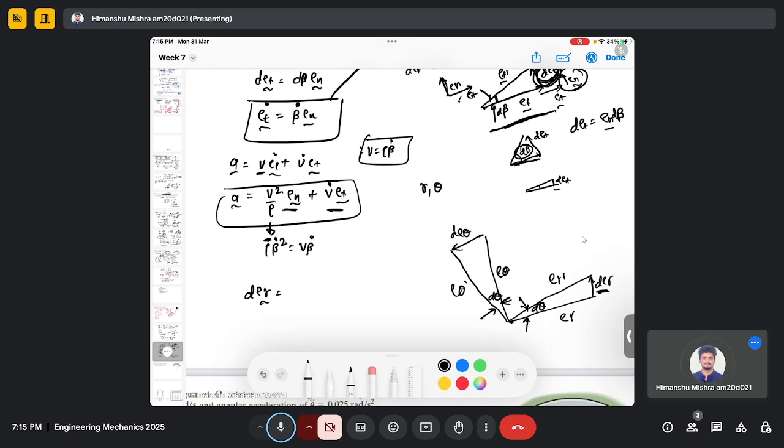So this change in the radial direction is in the theta direction with the magnitude of d theta. It's a similar concept that we are applying, and the change in the theta direction is in the radial direction with the magnitude of again d theta.